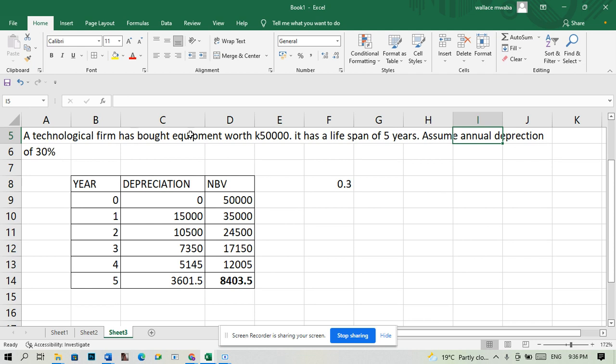A technological firm has bought equipment worth 50,000, and it has a lifespan of 5 years. Assume annual depreciation is at a rate of 30%.